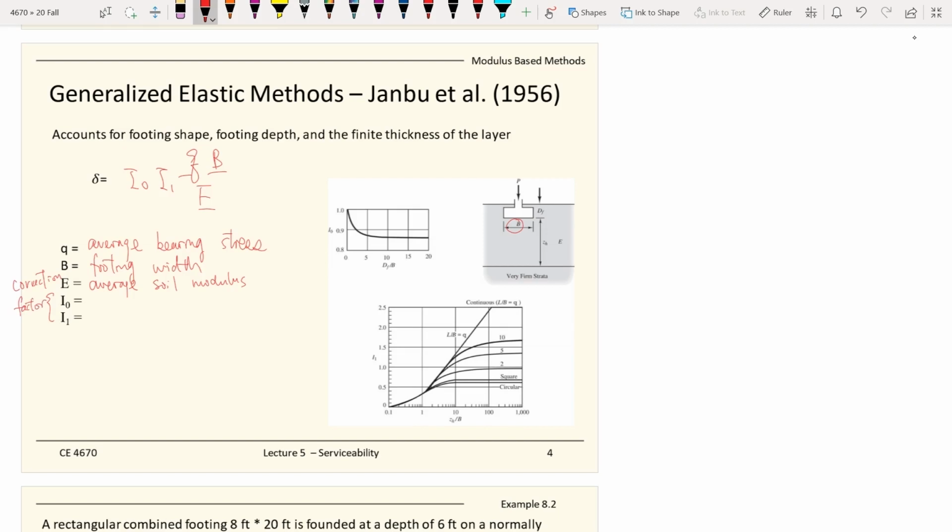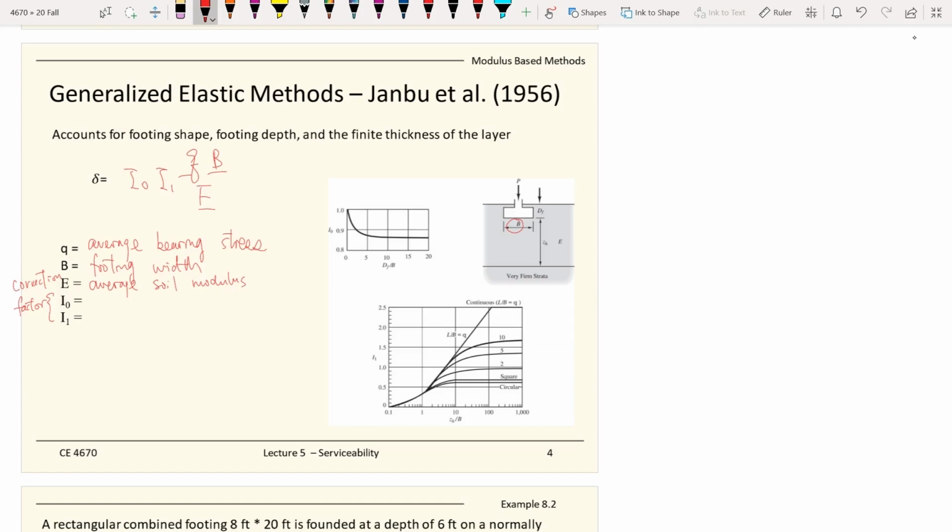Remember, the previous method was theoretical-based, whereas this one is empirical-based. Based on research data and field data, they came up with an empirical approach to form those equations, versus the previous one, which was purely theoretical.